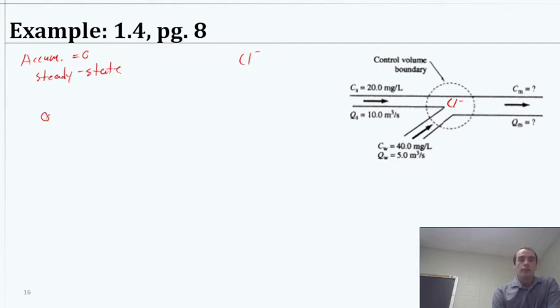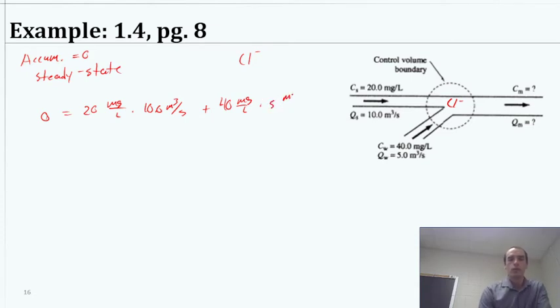Okay, so that means that from a mass balance perspective, we have inputs, which would be 20 milligrams per liter times the flow rate of the main stream, that's 10 cubic meters per second, plus the waste stream, which is 40 milligrams per liter times 5 cubic meters per second.